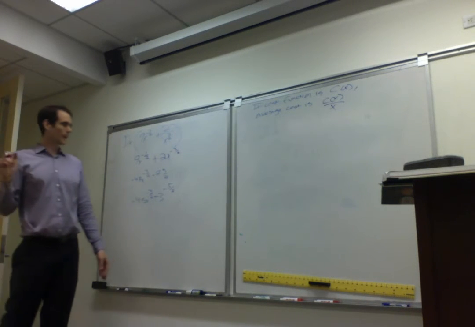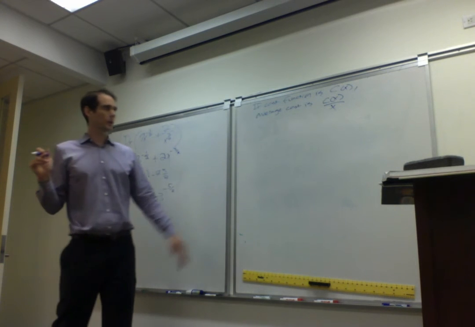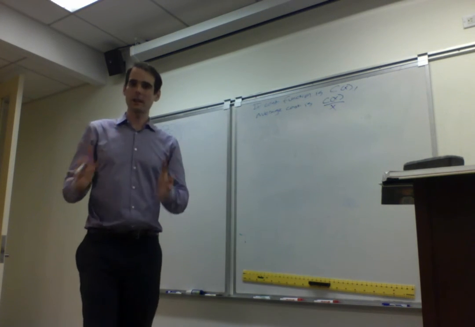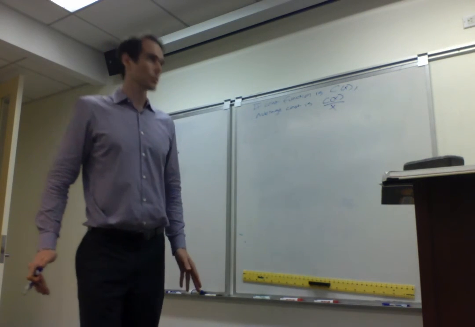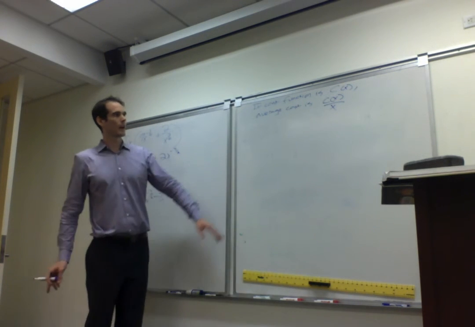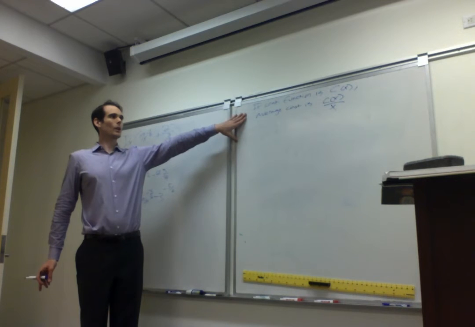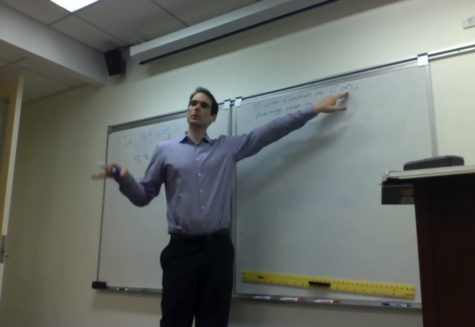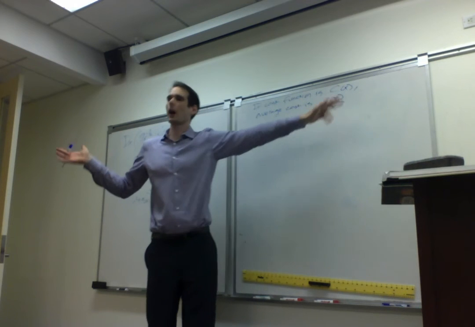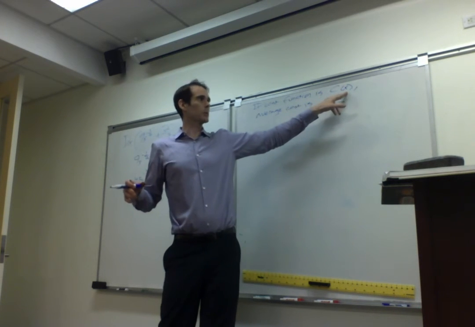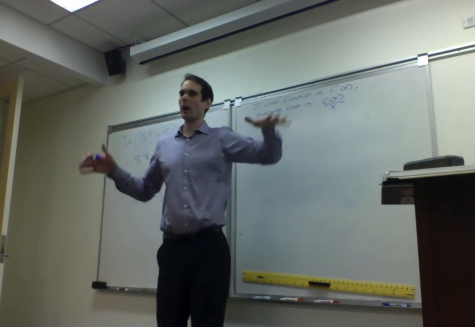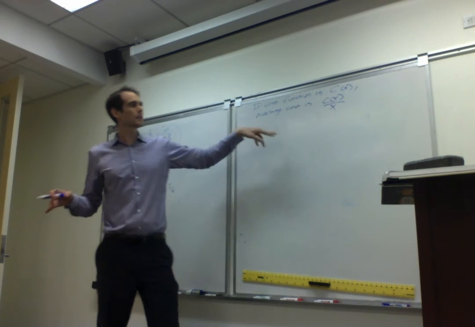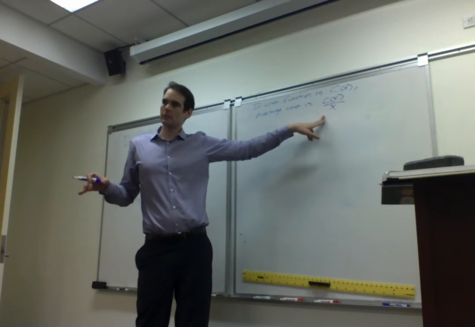Okay. A quick note you'll need for your homework, and then we're going to do one slightly elaborate problem, and then we're good. We're going to go home. If the cost function is c of x, meaning you tell me how many units you're producing, and I tell you the cost. So you might tell me you're producing 100 units, and it spits out the cost. If the cost function is c of x, then the average cost is c of x divided by x.